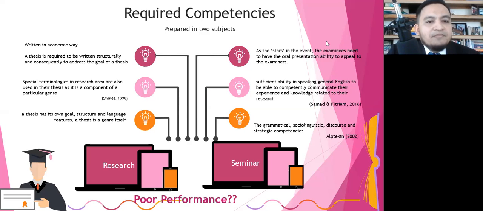And then the students are taught about the genre of the thesis itself. So a thesis has its own goal, structure, and also language feature. So a thesis has its own genre.